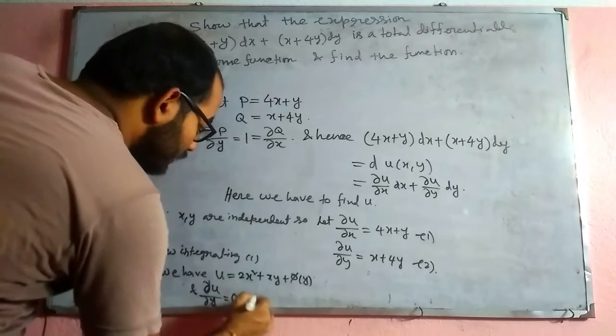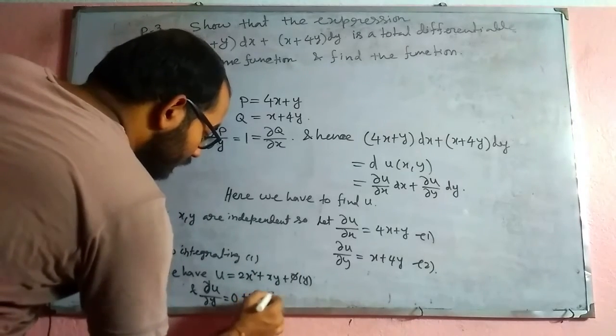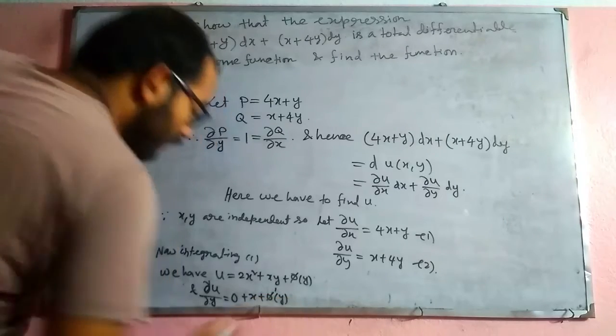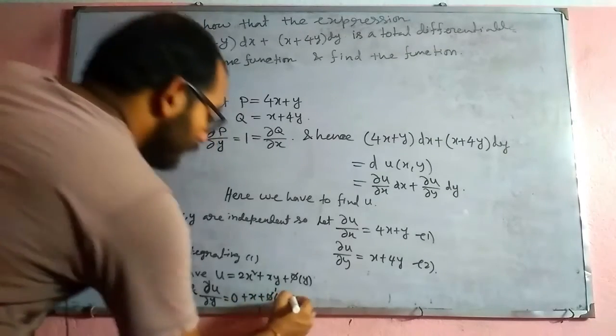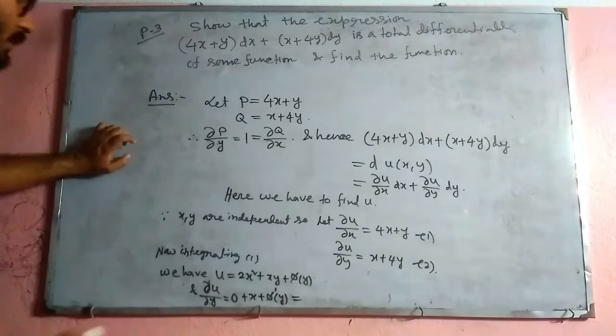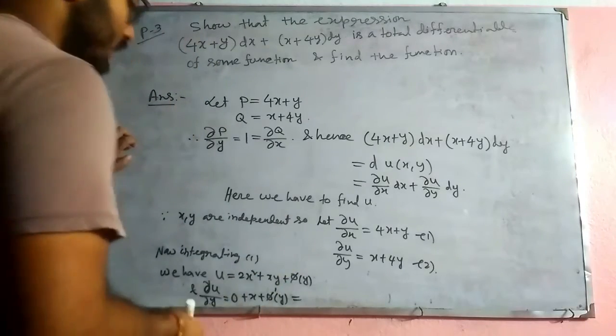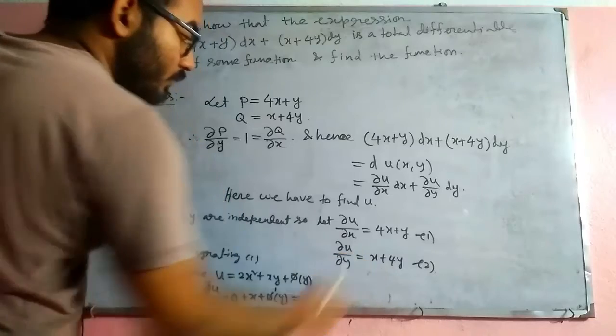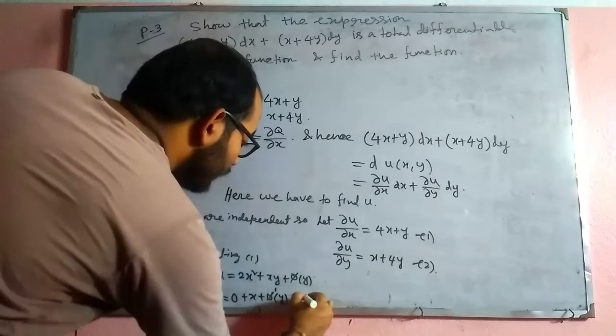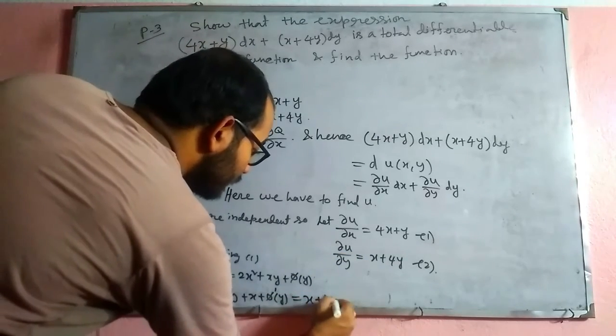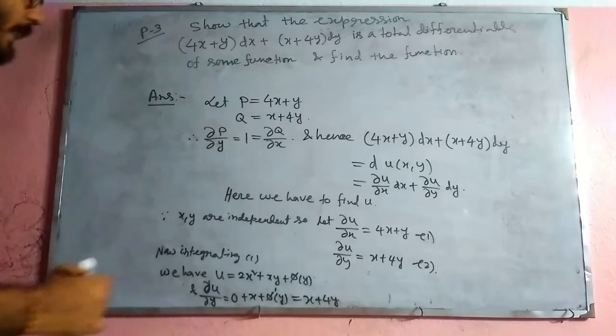This will be x and this will be phi dash y. And what is del u del y? x plus 4y. So this is x plus 4y.